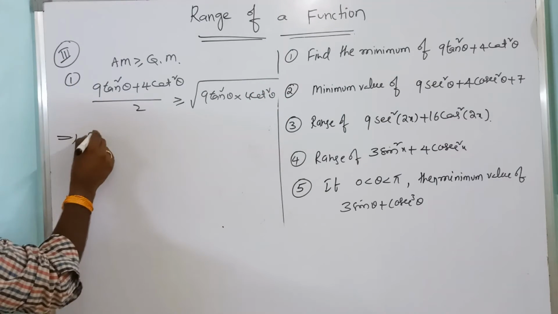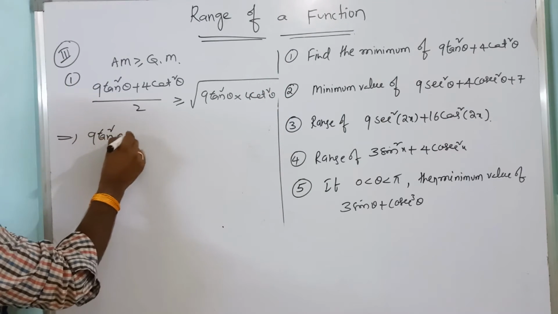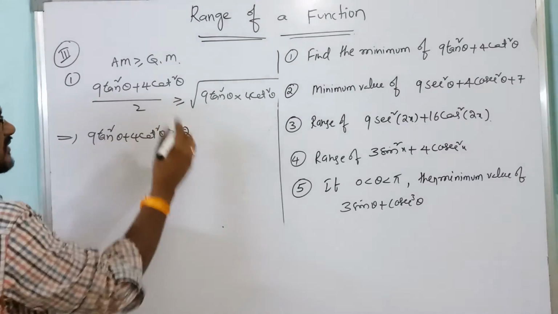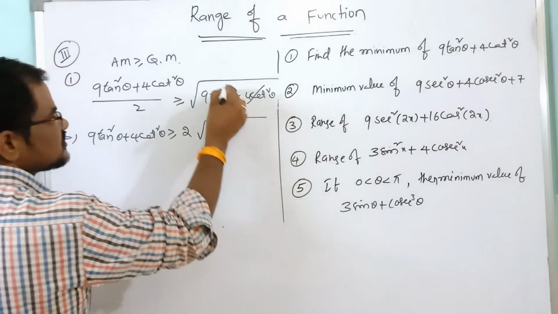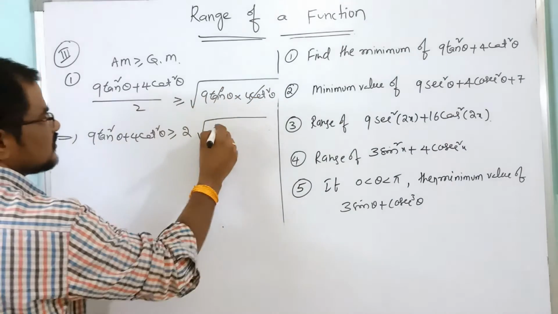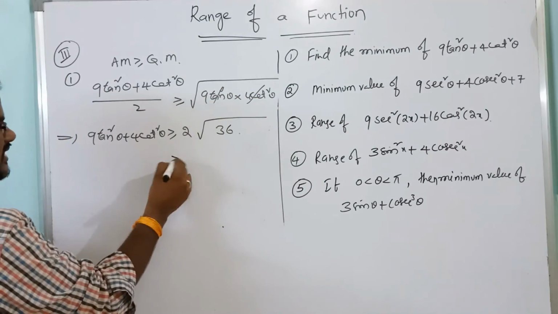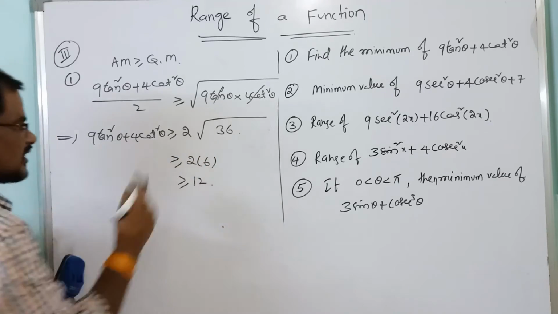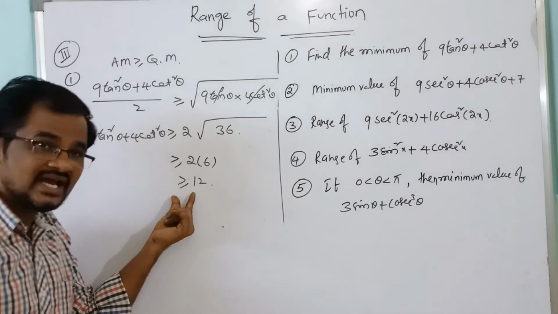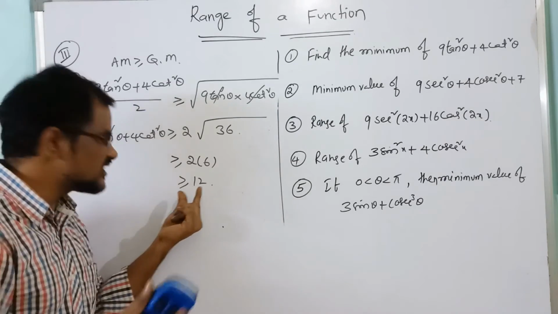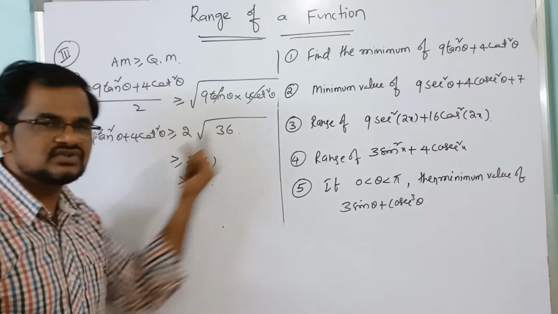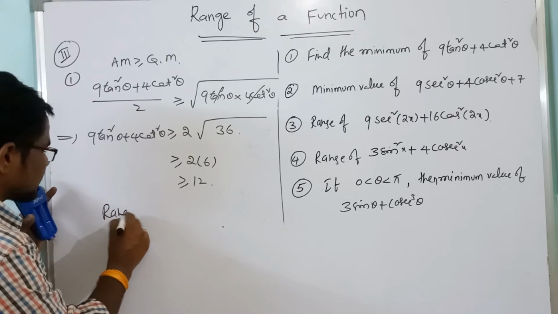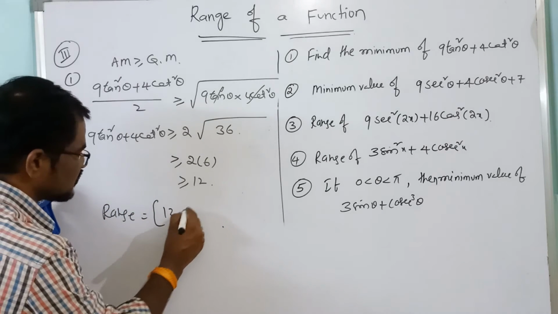That implies 9 tan square theta plus 4 cot square theta is greater than or equal to 2 into the root, as the tan and cot get cancelled: 9 into 4 is 36, root 36 is 6, so 2 into 6, that is greater than or equal to 12. So the minimum value is 12 and the maximum value is infinity. So the range of this function is the closed interval 12 to infinity.